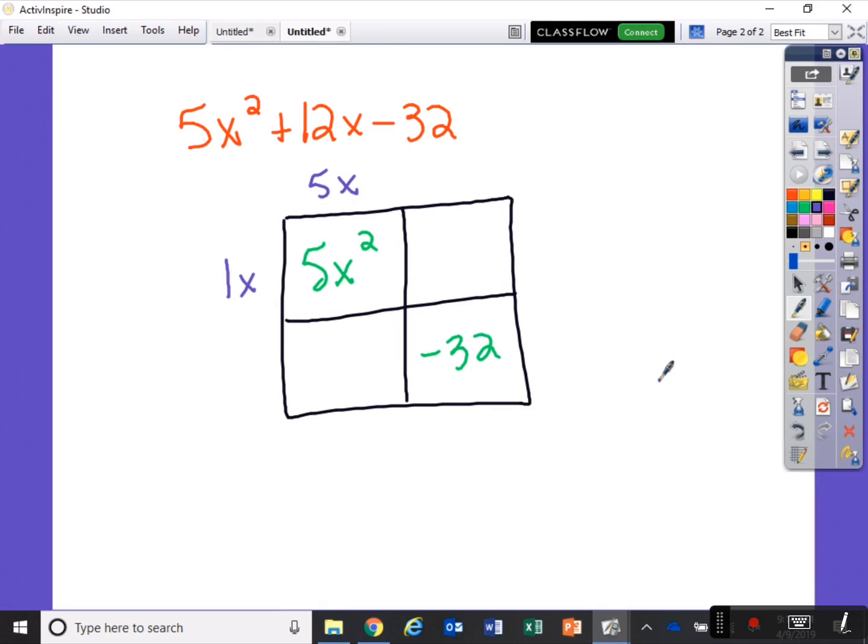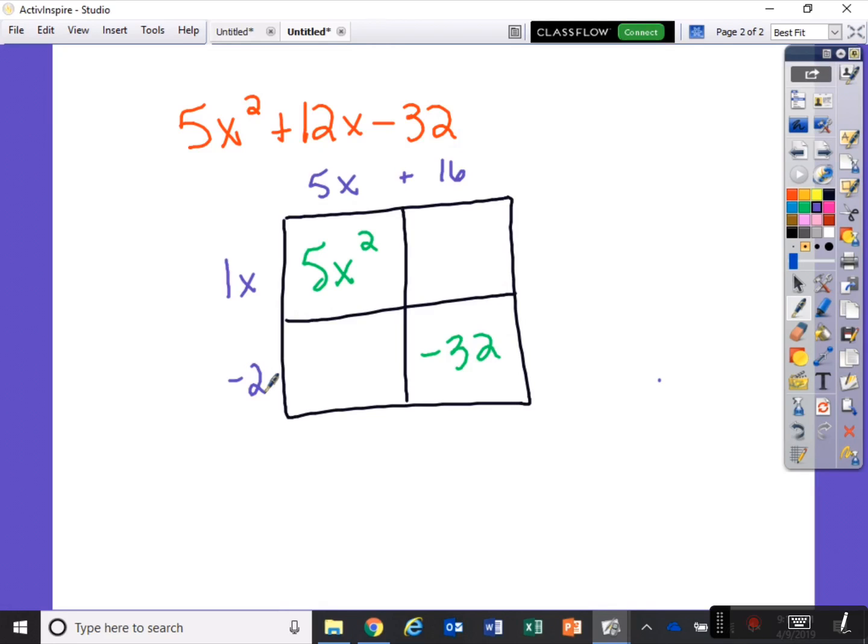All right. Now, we've got to figure out how to make negative 32. Let's give me some options on what two numbers we can multiply to get negative 32. 16 and negative 2, so a positive 16 and a negative 2.